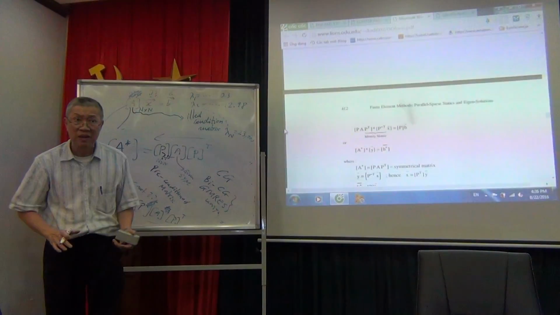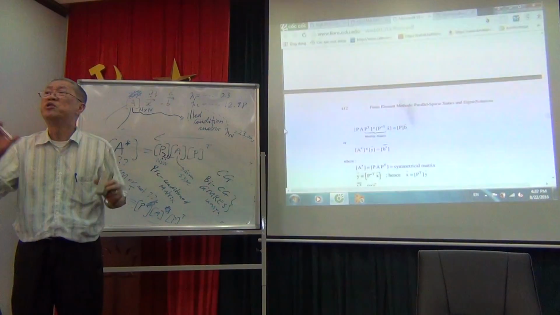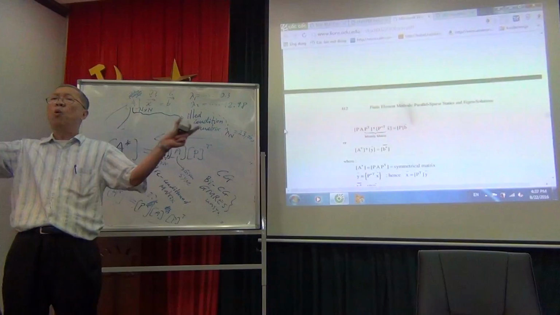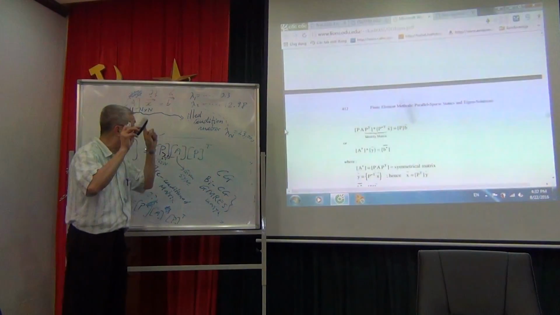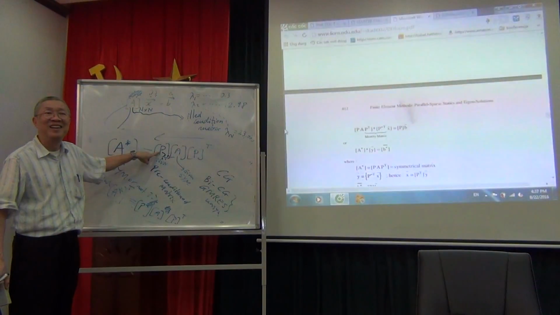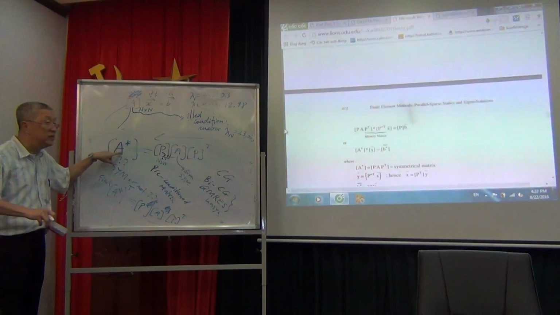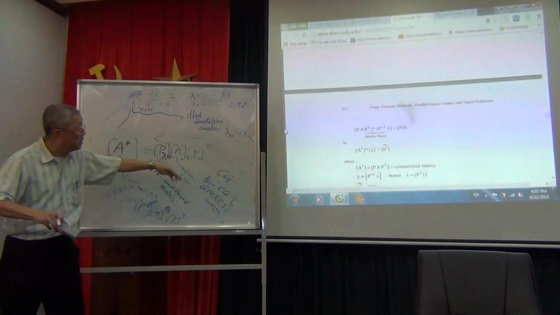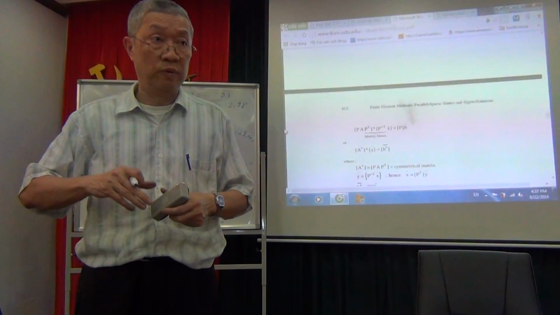There are a lot of different algorithms. But no matter what algorithm you use, the most important thing is to find this matrix B such that the condition number is small, because then any method will be improved.